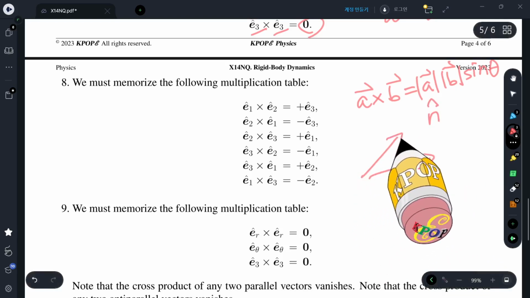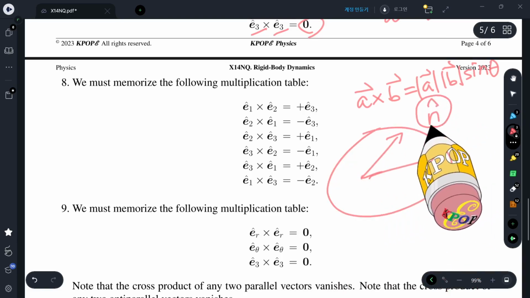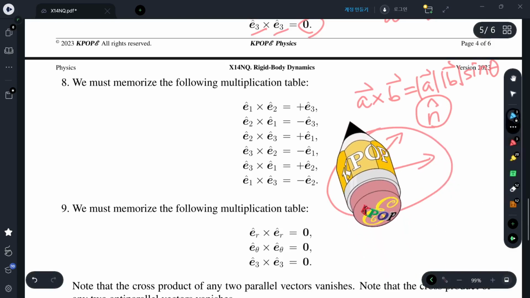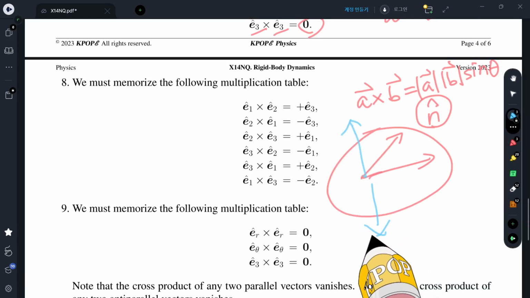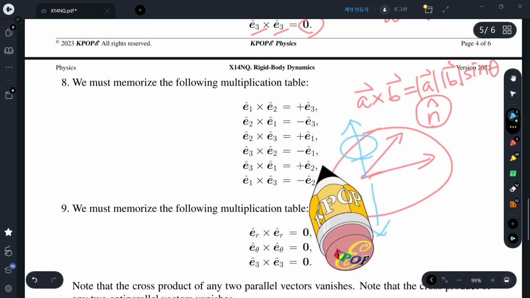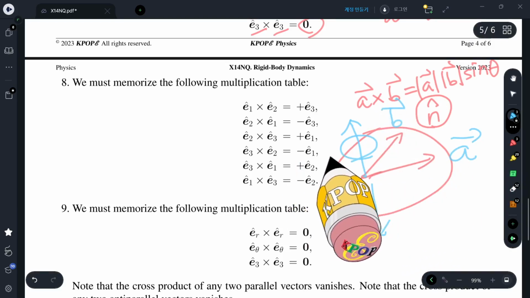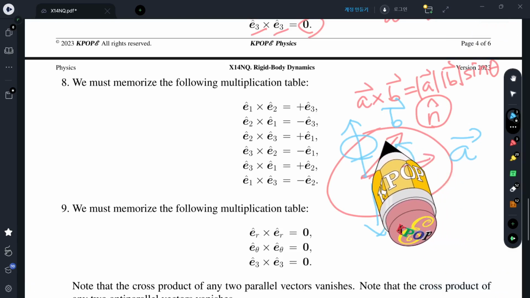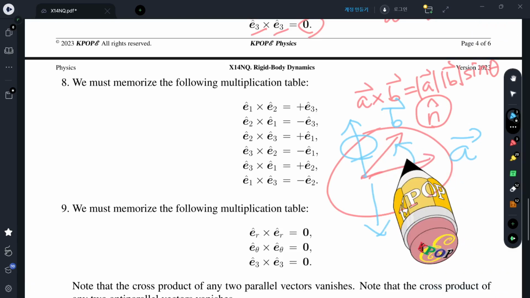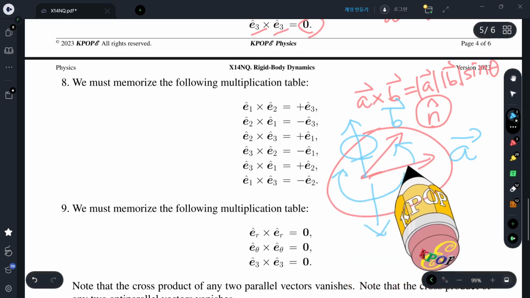If they are not collinear, they always make a plane, and n hat is perpendicular to that plane. There are two possibilities for this direction, but we choose only the single one that can be obtained by rotating A to B counterclockwise. Not this direction, but this direction.